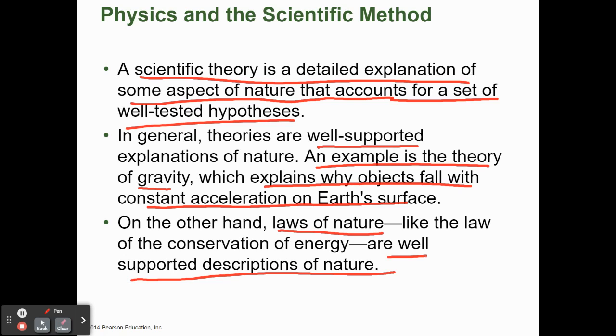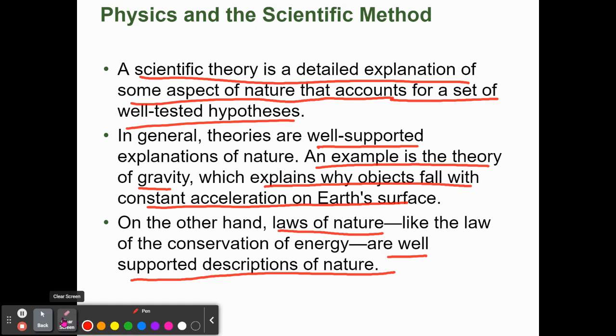If you do an experiment and your experiment agrees with your hypothesis, then we can say that you are validating that scientific theory. But if your experiment does not agree, then we have to reject or discard it as a theory and tweak it, change it, and retest it again. Does that make sense?